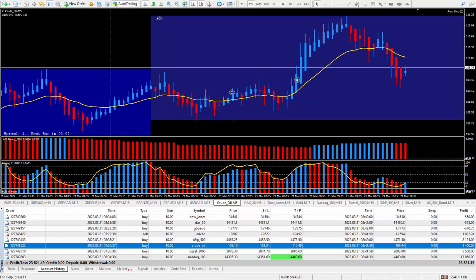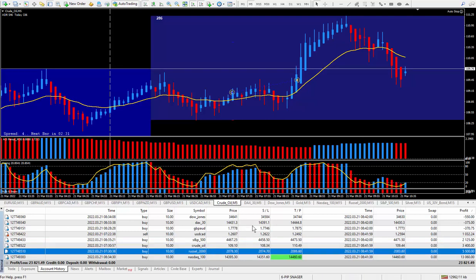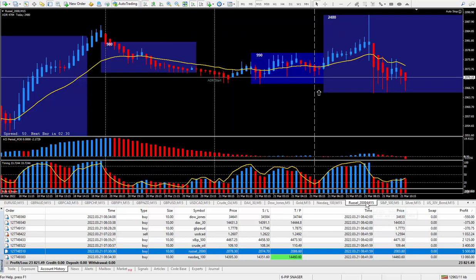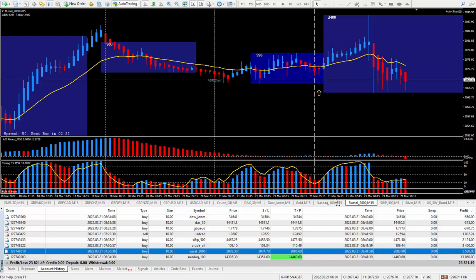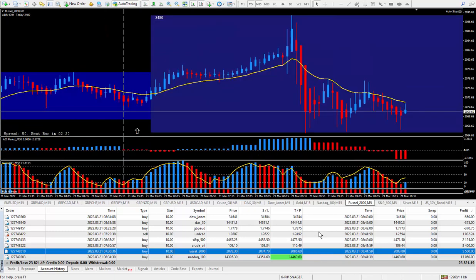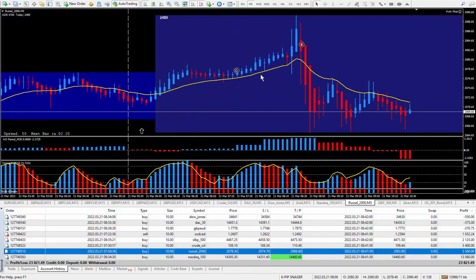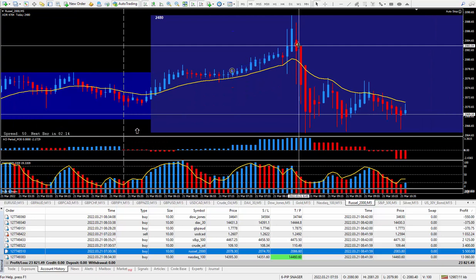Moving right along to Russell, another one that pays $10 a pip. So just looking at a total here, it should be 55. Anyhow, I'm going to drop it down to the 5 minutes, drag and drop this up and see where I got in at. And this is one. Some of them will do a complete reversal.